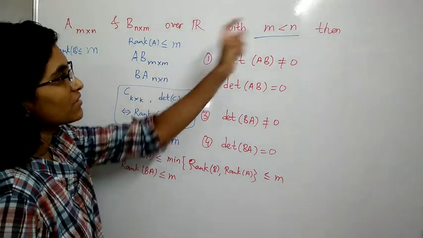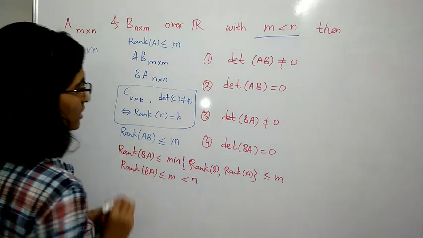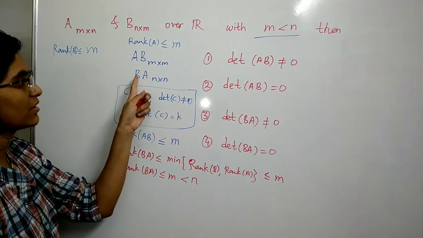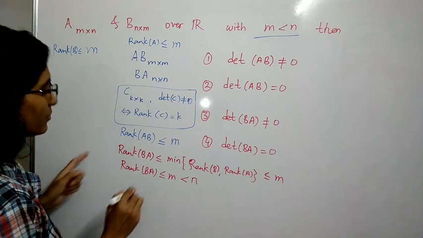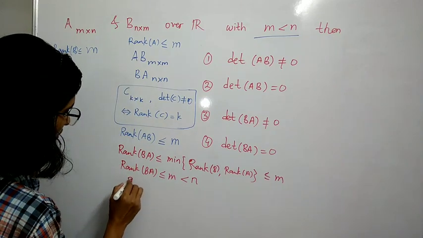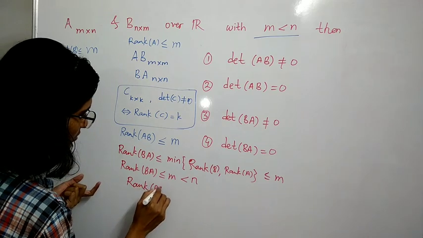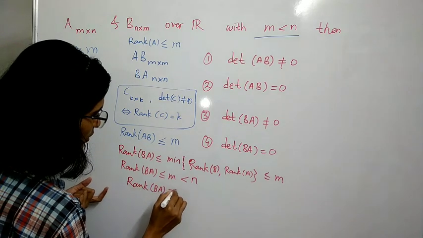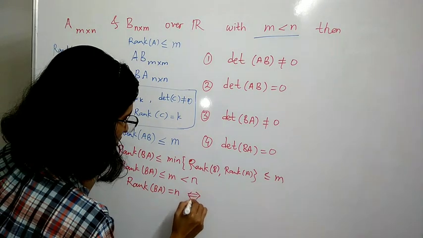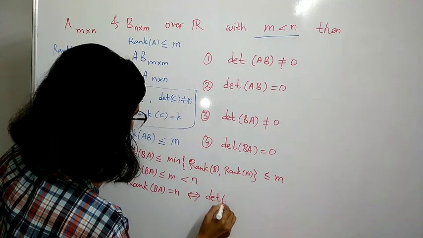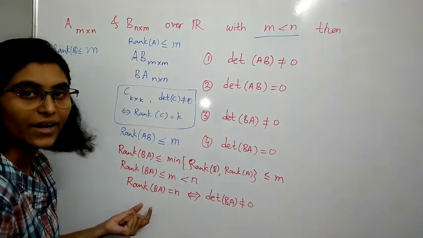Now this m is strictly less than n. And look at this BA, it is of size n by n. So from here, rank of BA is equal to n if and only if determinant of BA is not 0, using this result.